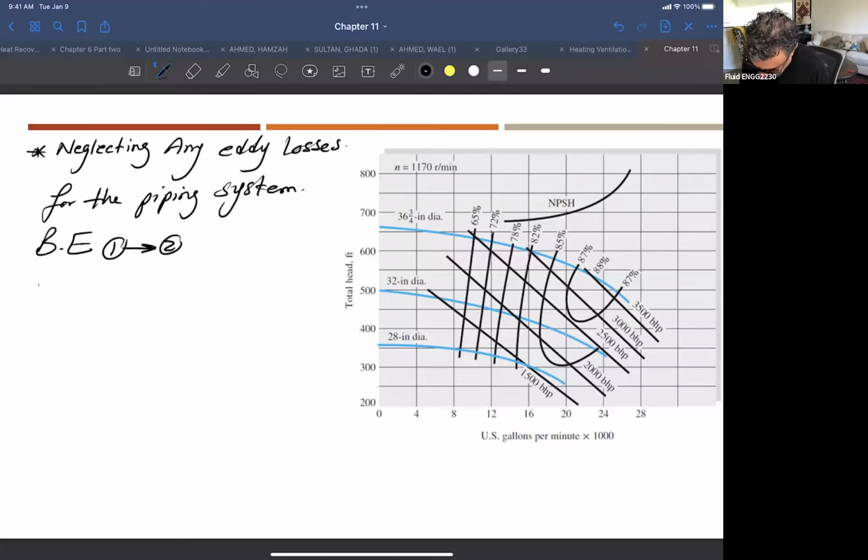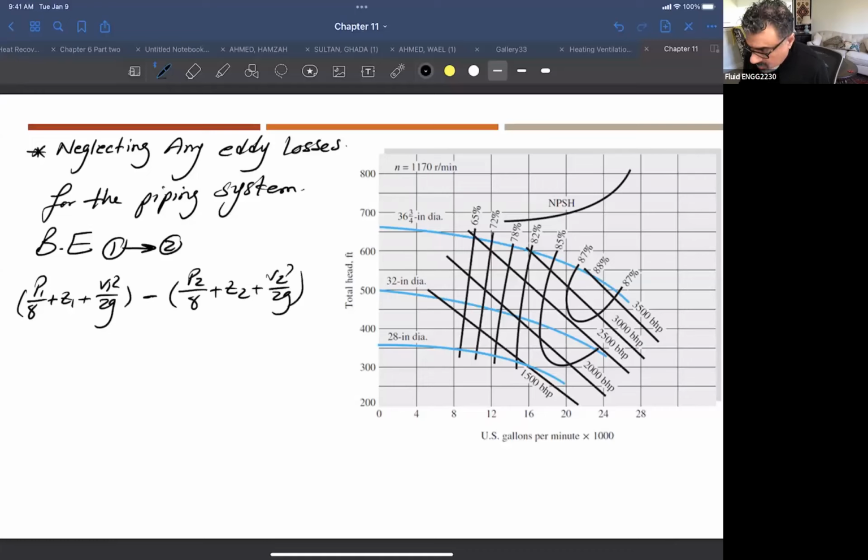So in this case, P1 over gamma plus Z1 plus V1 squared over 2g, right? This is the energy 1, minus energy 2, P2 over gamma plus Z2 plus V2 squared over 2g, right? Plus H losses between 1 and 2. This will give you your H system, okay?